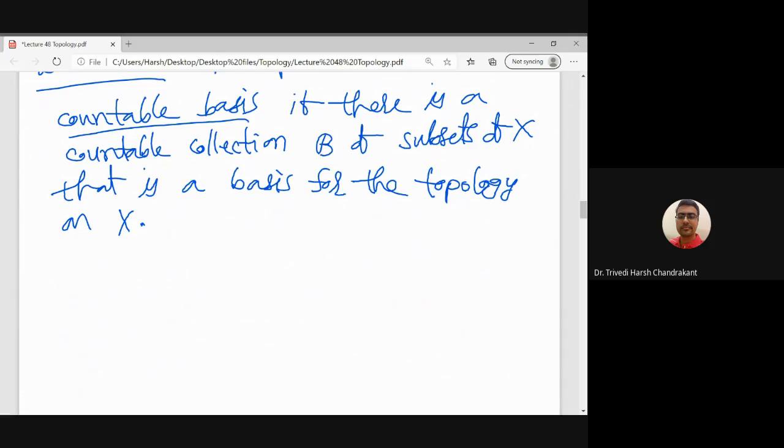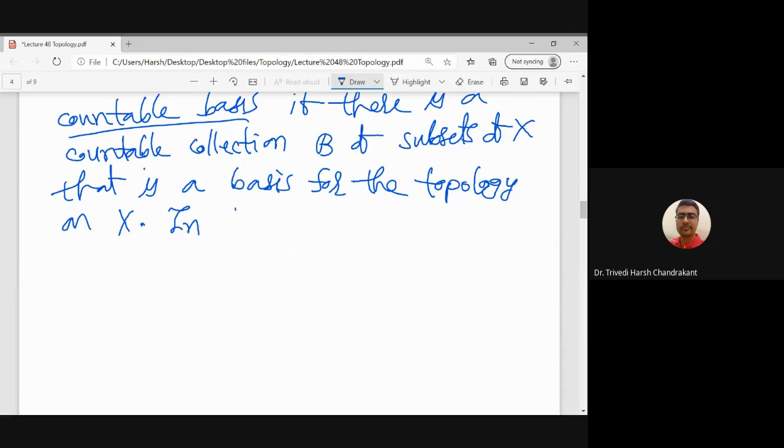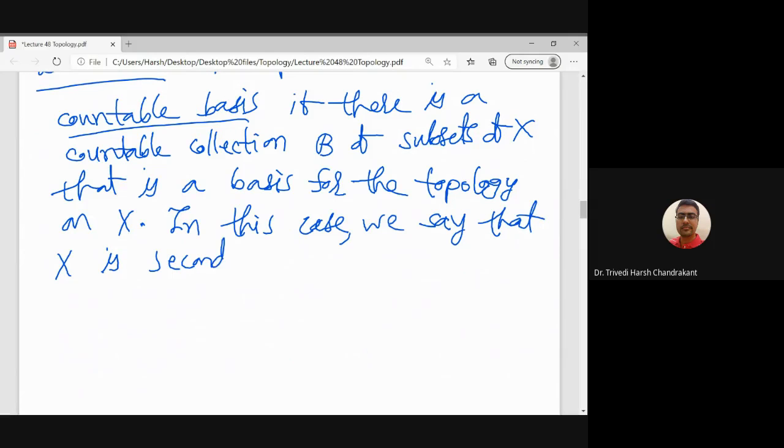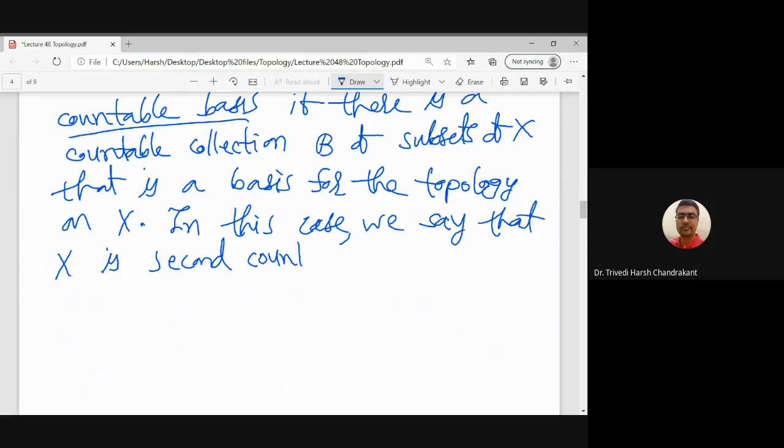So in this case, we say that X is second countable.